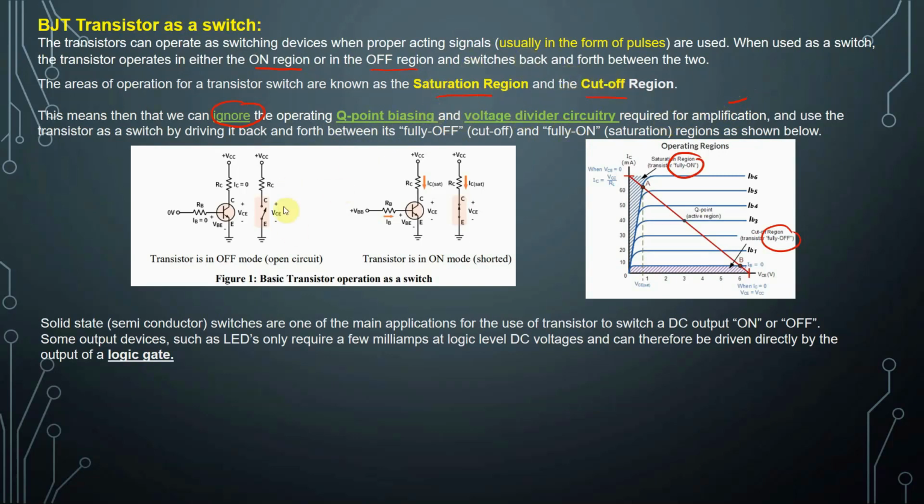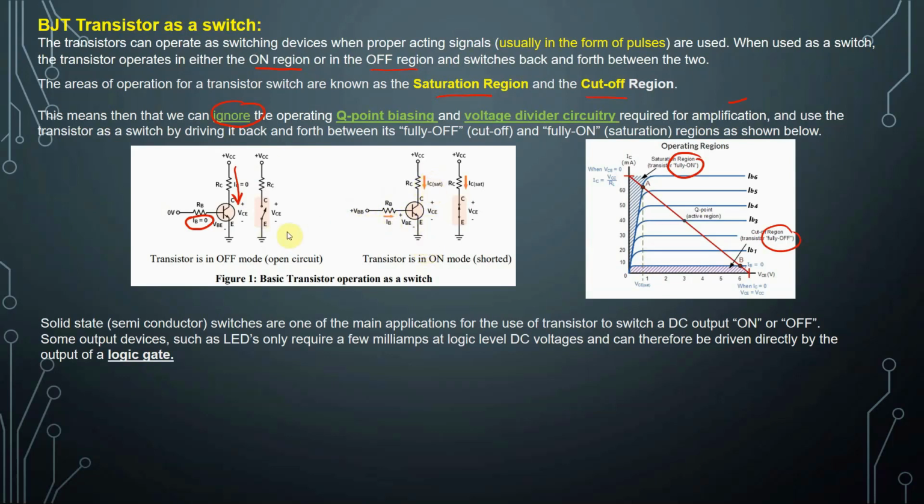And since it's being used as a switch, let's say this is the load, we have to control the collector current. And the collector current is being controlled by the base current. So we will have an input voltage in series with the base resistor in order to supply a base current that can control the collector current.